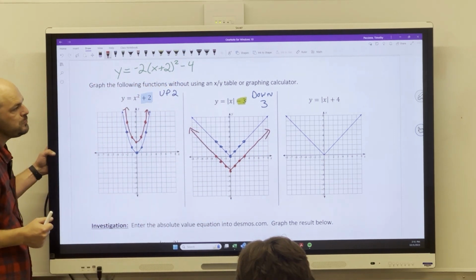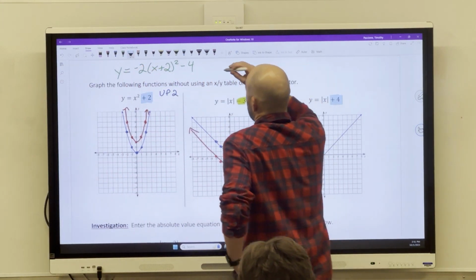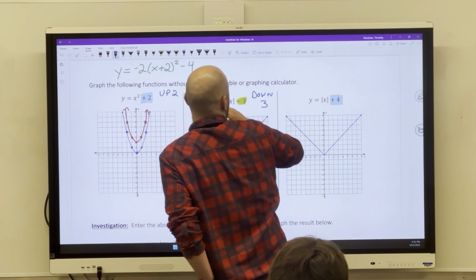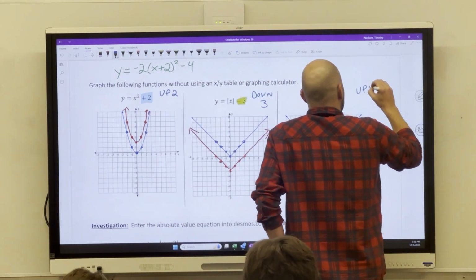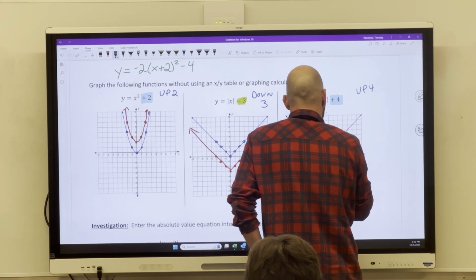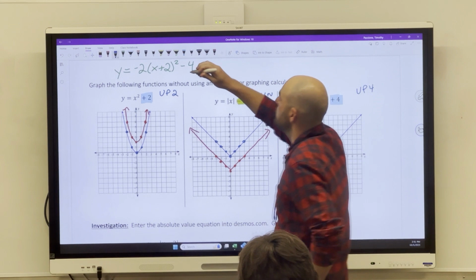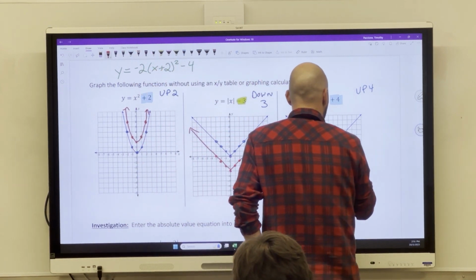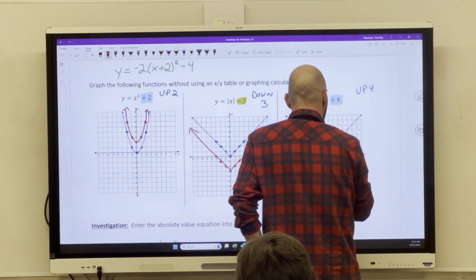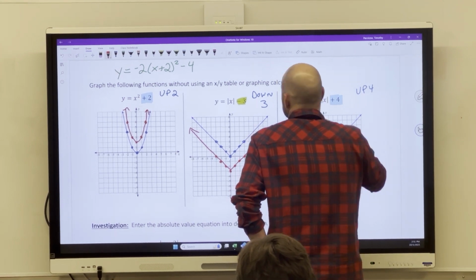Okay? And this one, of course, would be up 4. So I find my key points and I move them all up 4. Okay? These are what's called transformations. Oh, I didn't move them up 4.